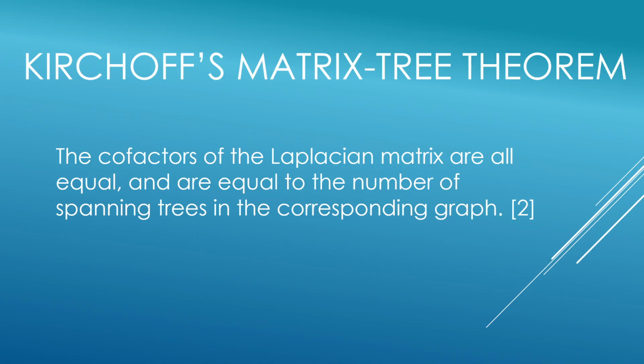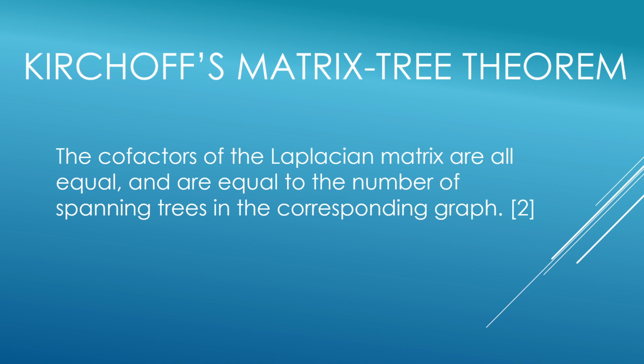So today we're going to be looking at Kirchhoff's matrix tree theorem as an evaluation of graph vulnerability, and Kirchhoff's matrix tree theorem is that the cofactors of the Laplacian matrix are all equal and are equal to the number of spanning trees in the corresponding graph.